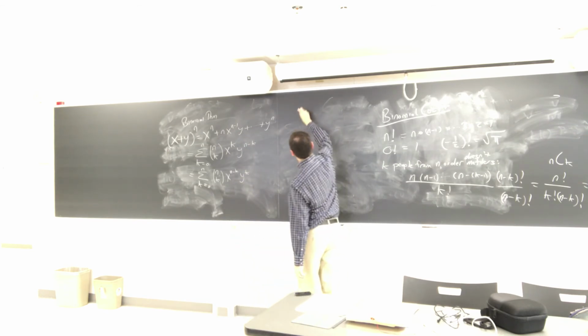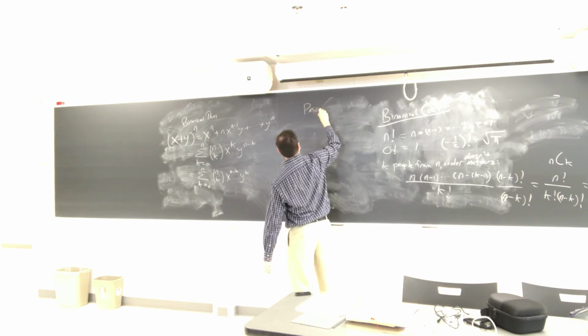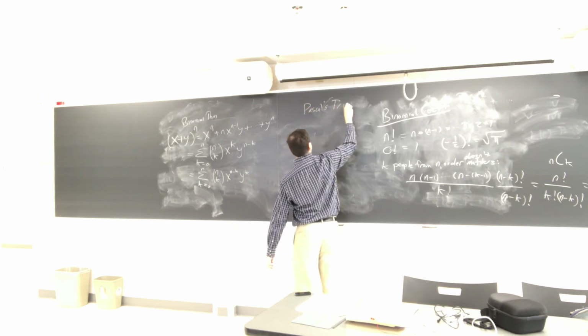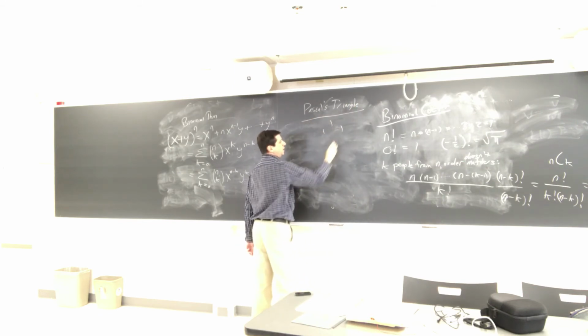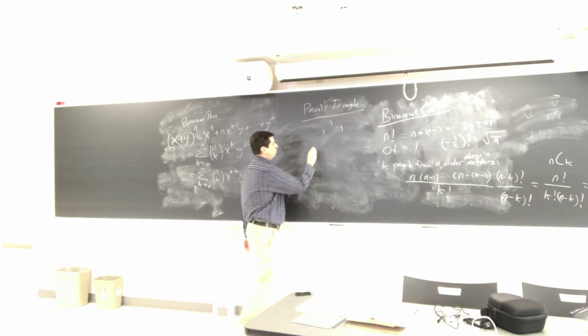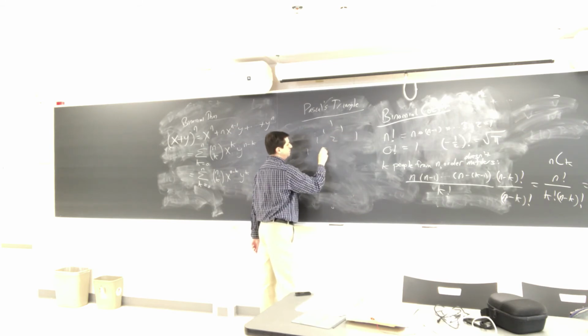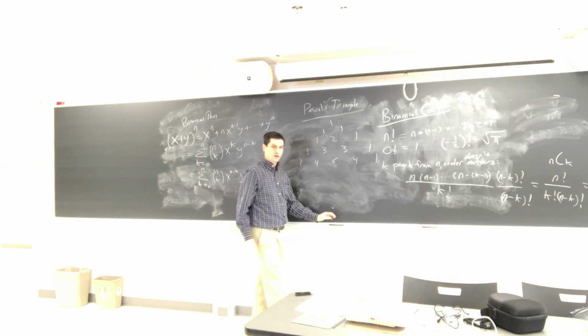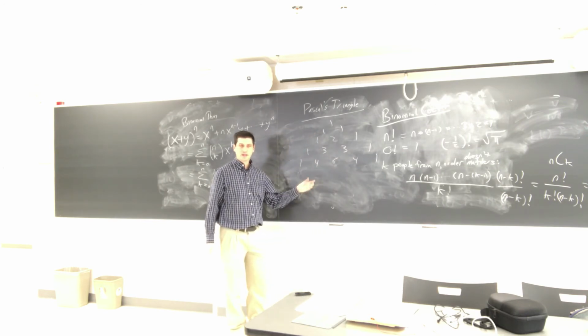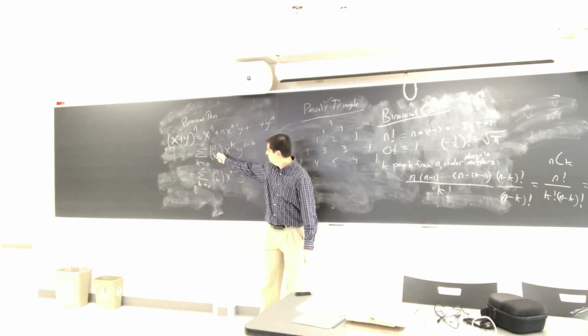Related to this is Pascal's triangle. One. I'm just writing the expansions. 1, 2, 1, 1, 3, 3, 1, 1, 4, 6, 4, 1, and so on and so on. And these numbers here are coming from the expansions here.